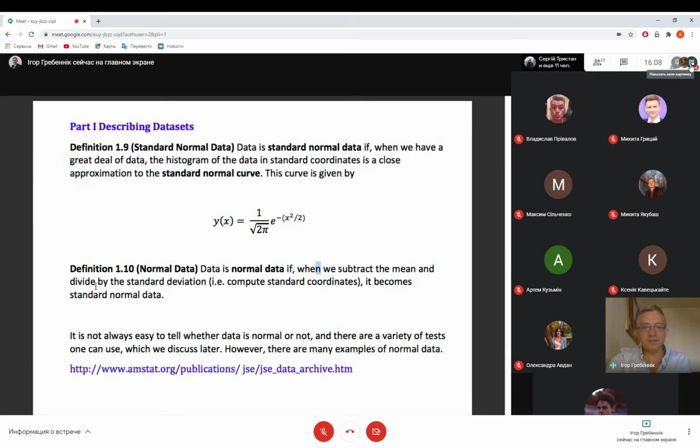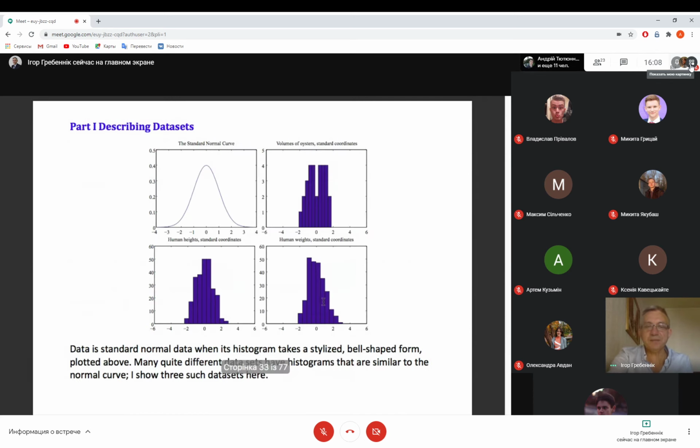And the definition of normal data: data is normal data. When we subtract the mean and divide by the standard deviation, it becomes standard normal data. Standard normal data have mean equal to 0 and standard deviation equal to 1.